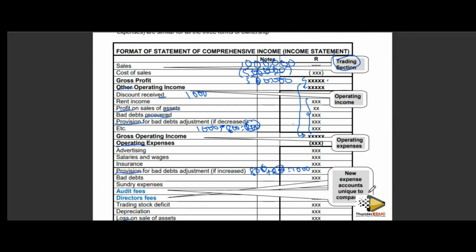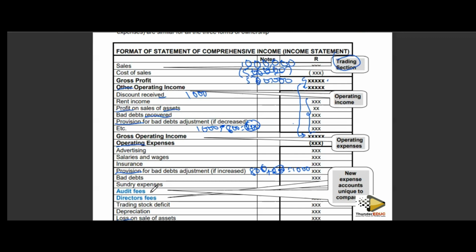Then they're saying these are new expense accounts unique to companies. Which ones? We have the audit fees. Remember, by law, all public companies must be externally audited by an independent auditor.